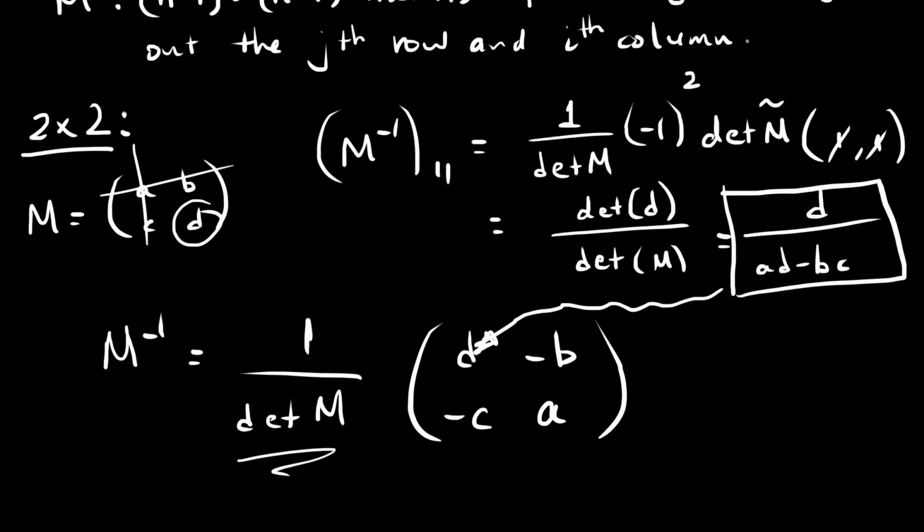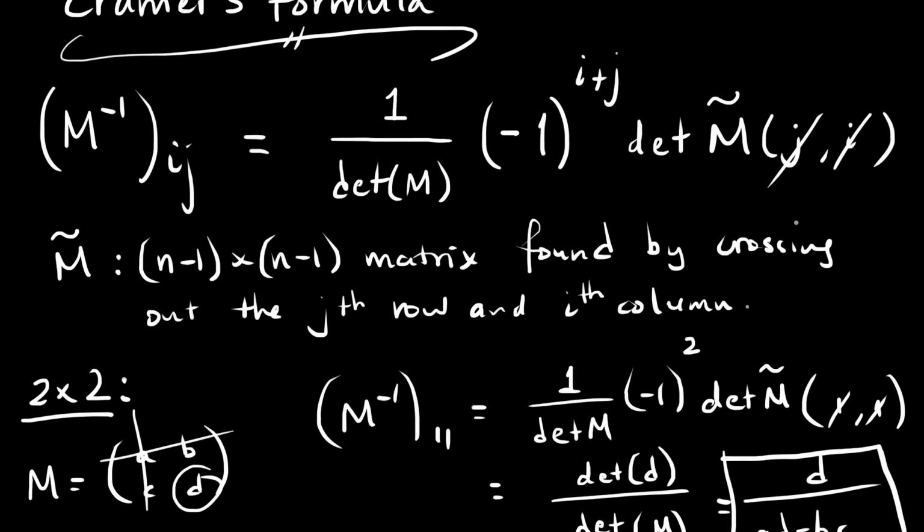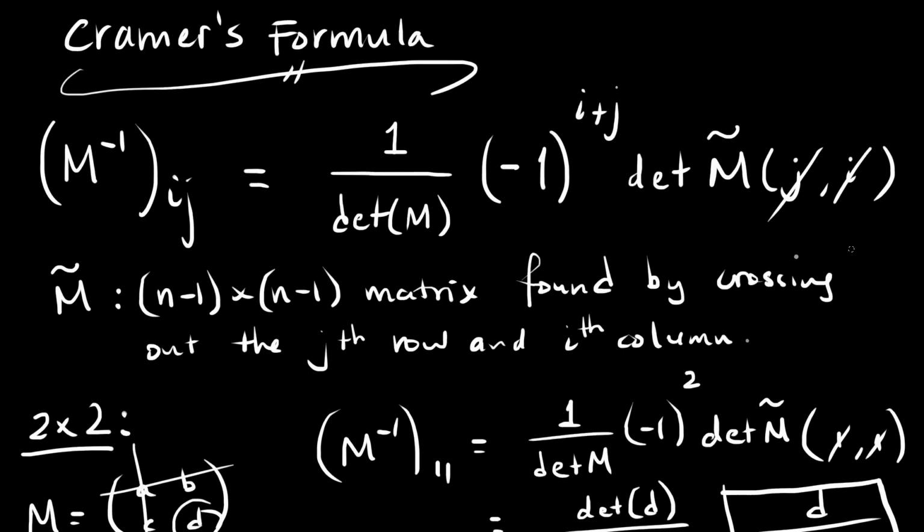So this is actually pretty crazy. From this, we can see very clearly that the inverse of a matrix is nothing more than the ratio of determinants: the determinant of the matrix found by crossing out the jth row and the ith column, divided by the determinant of the whole matrix.